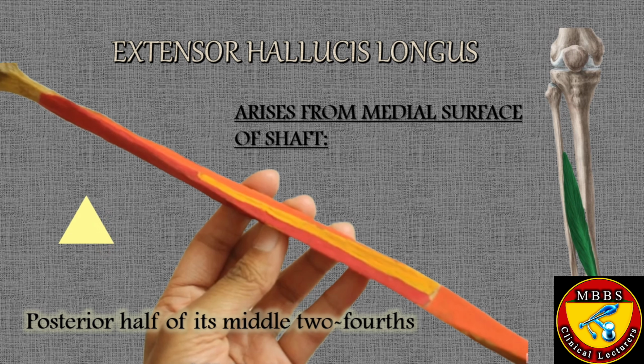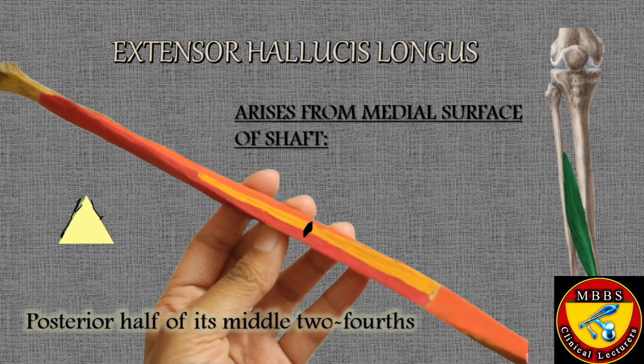If I talk about this portion, to make it easier for you to understand, this will be the anterior half, and this is the posterior half, because this is the medial side and this is the lateral.